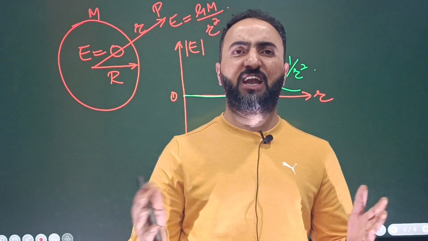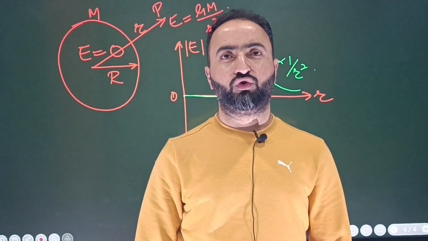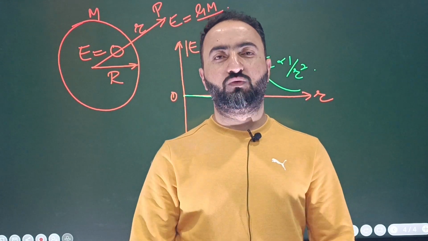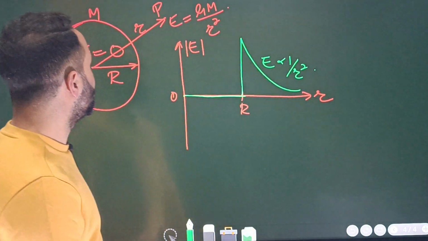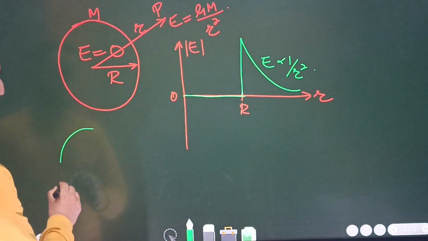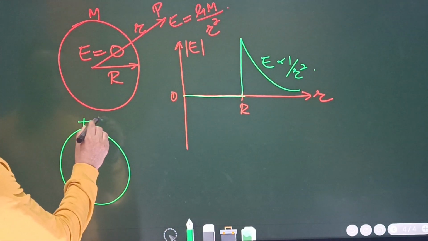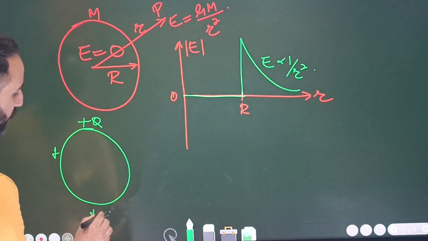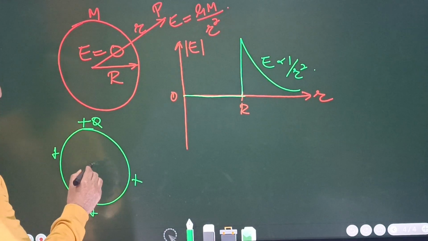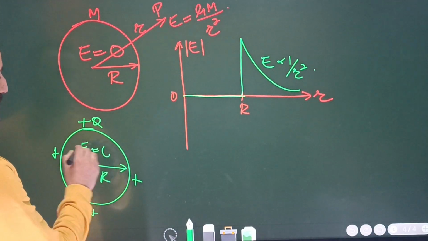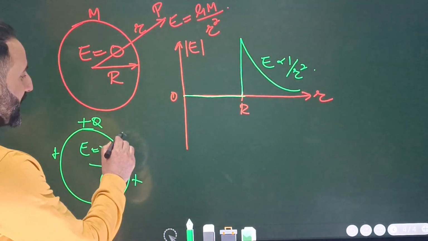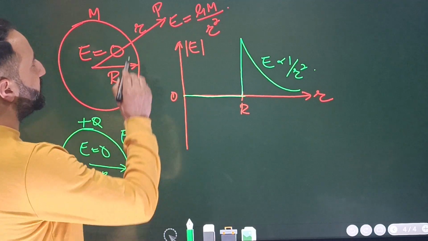For example, if we talk of electrostatics, you can safely say that electrostatics and gravitation are like two twin sisters with a bit of difference between them. If you have a uniformly charged hollow sphere of radius capital R, the electrostatic field inside will be equal to 0, and outside the electrostatic field will be similar.